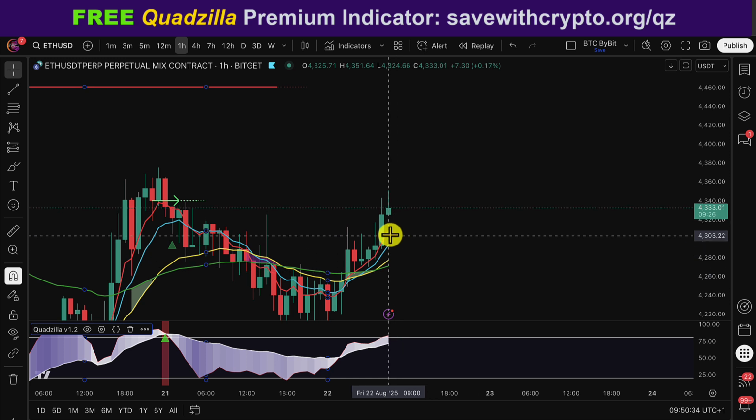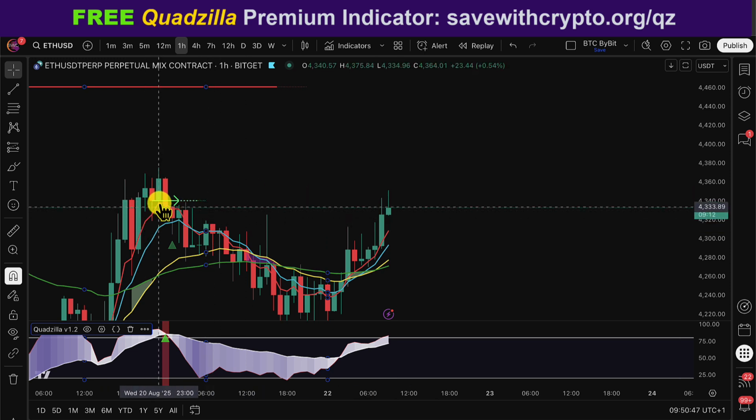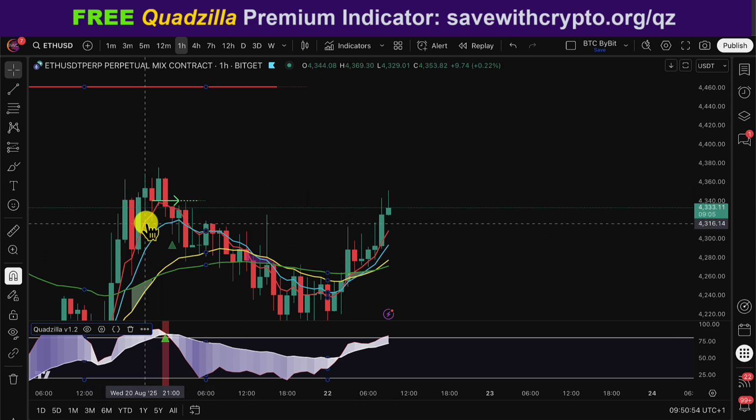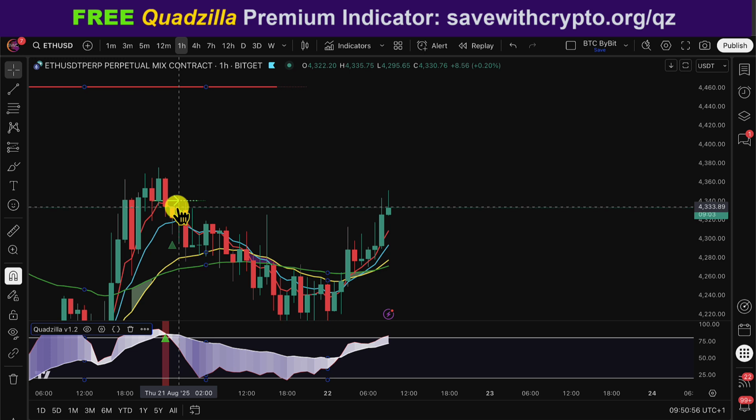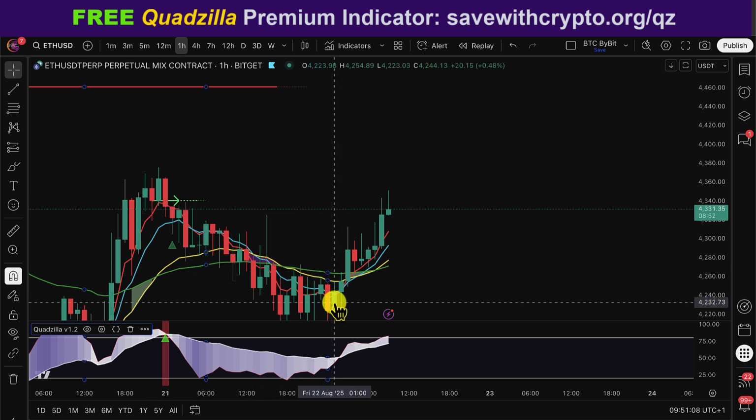And if at any point we start to see the red curl over, we should worry about that being a local top, just as it was here. Okay, you can see the red went up and then it started curling back, and then the yellow was below the green, and we've gone down again.